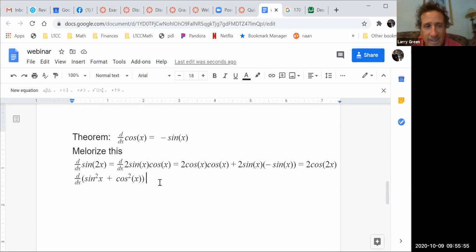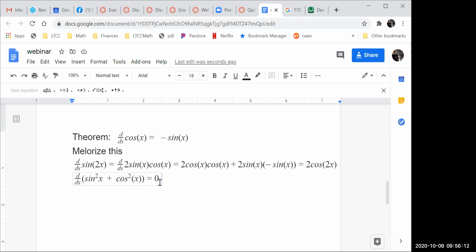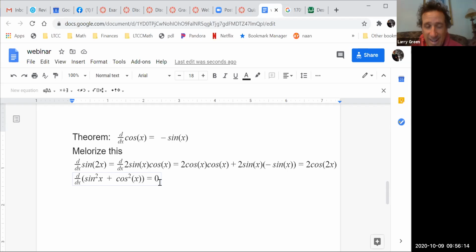The hint is this is really, really easy. It's just 0. Why is it 0? The derivative of a constant is 0. Sine squared of x plus cosine squared of x is equal to 1. And the derivative of 1 is 0. And that's it. So all those trig identities are going to be important.